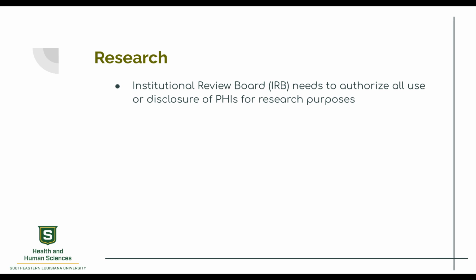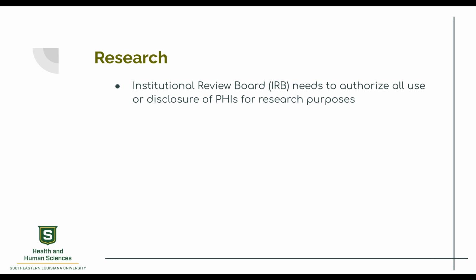It oversees how patient information is used and how it will be disclosed, if it has to do with research purposes. Most research institutions, including higher education, like Southeastern, have their own IRB. They oversee all research studies done under the organization.